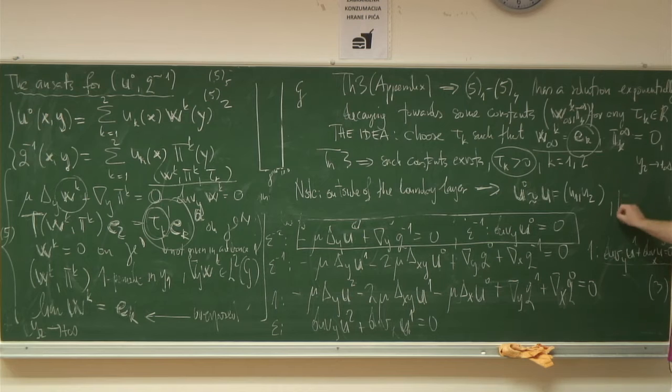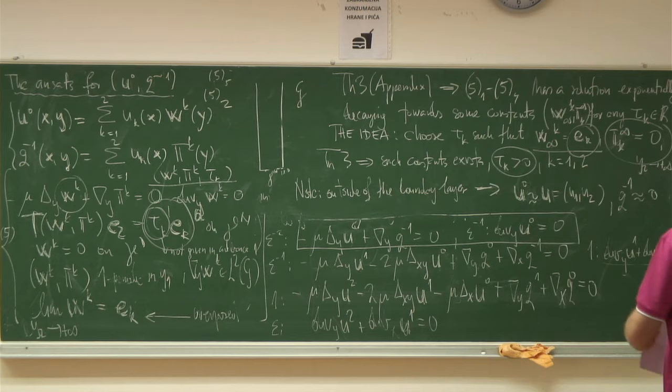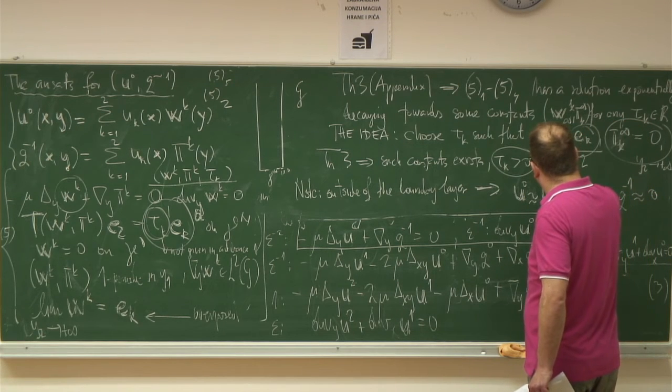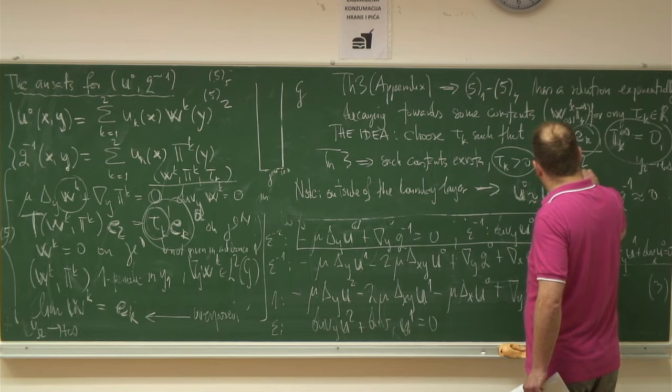While for the pressure, outside of the boundary layer, due to the fact that we picked the stabilizing constant equal to 0, it is 0. And this is our effective velocity.